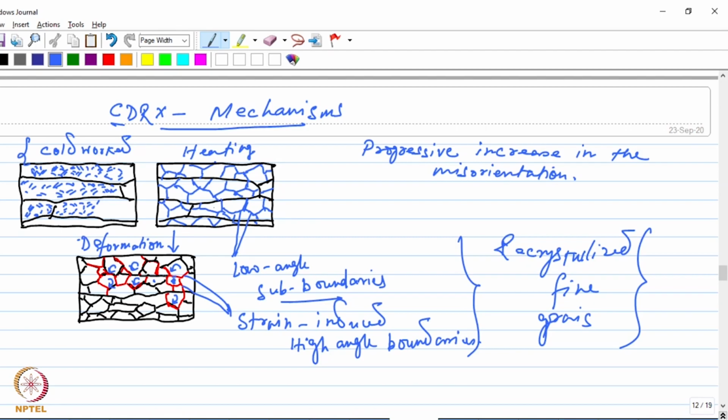When the material is deformed at higher temperature by large strain, I mean when you severely deform the material at high temperature, this kind of phenomena can occur and lead to a fine grain microstructure. So this can also be a mechanism, a technique for grain refinement. And as I said, we are going to come back to this when we actually discuss the grain refinement process.